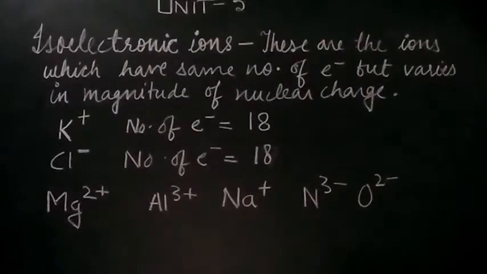So students, what will happen? This results in the decrease of the ionic radius. So here we see magnesium ion, sodium ion, and we have the oxide ion and the nitride ion. Among these, the size of the nitride ion is going to be more.